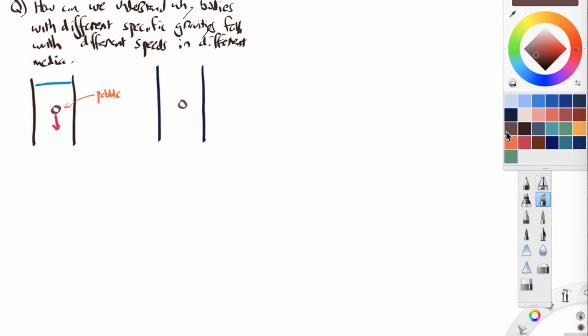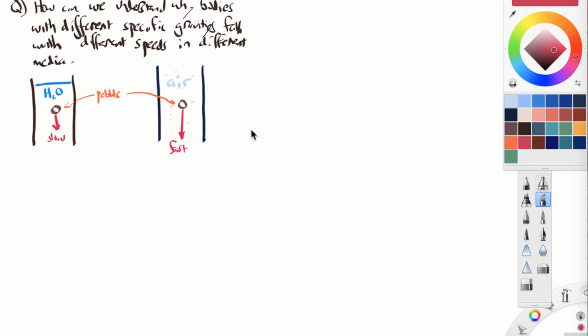So again, we've got the same thing here. We've got the same pebble, but this column, instead of being filled with water, is filled with air. So I'm going to put some dots here representing the fact that this is air. So I'll write air right here, and I'll write water, I guess the chemical formula H2O, right here. And we all know that when a pebble falls in air, it will fall comparatively fast or quickly, and this one will fall more slowly.